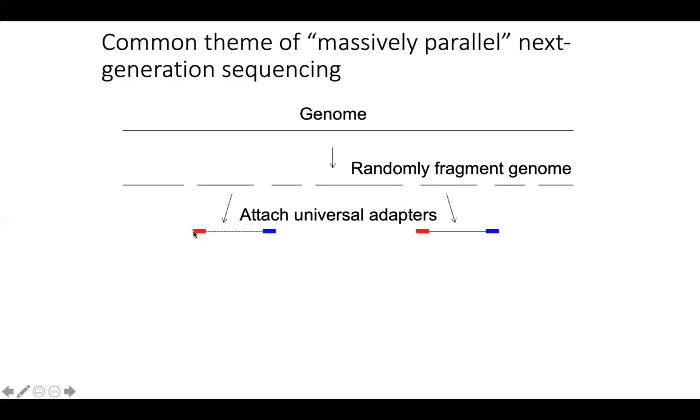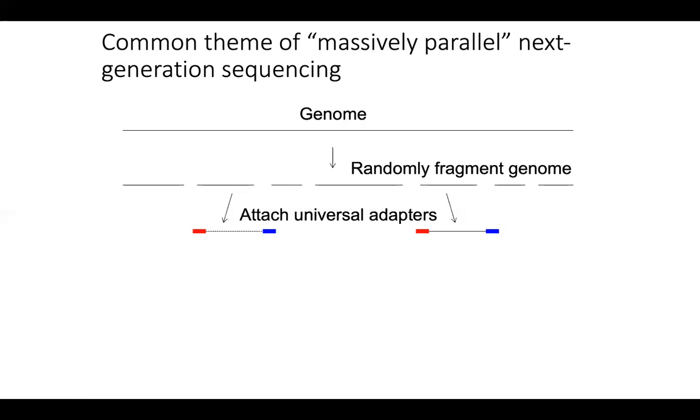I told you a few slides back that the problem with sequencing unknown DNA is that you don't actually know where to start your sequencing reaction, right? You would need some sort of specific primer. But if you don't know what the sequence is, you can't make a primer. And also, you would have to make an awful lot of very specific primers to fit all of those different fragments, even if you knew what sequence they were.